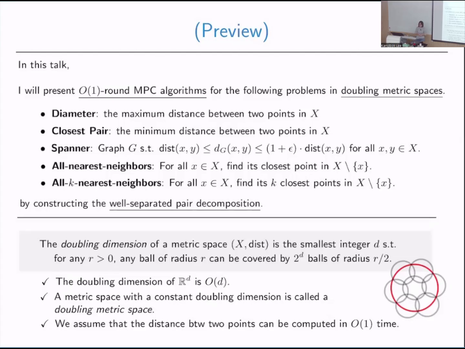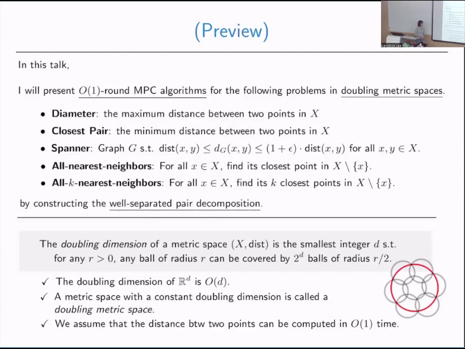In the case of Euclidean space, a point is associated with its coordinates. So given 2 points with their coordinates, we can compute their distance in constant time. But in a general doubling metric space, a point is not necessarily associated with its coordinates. So in this case, we use the following model.